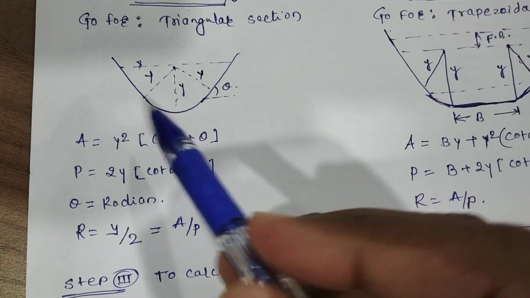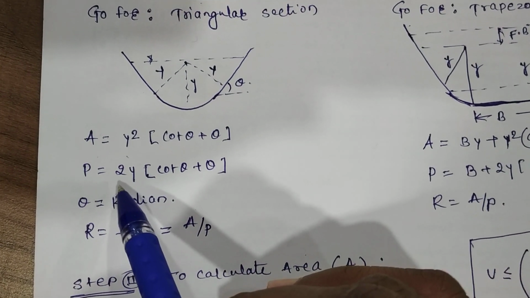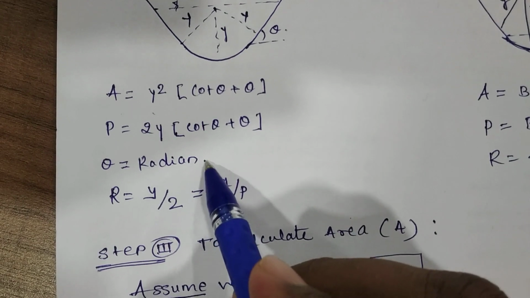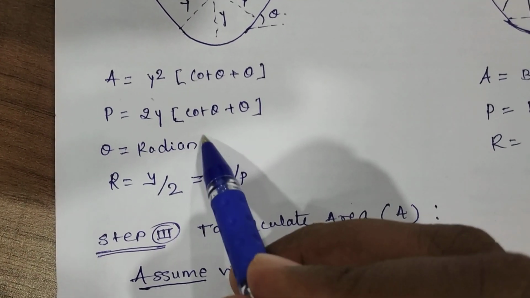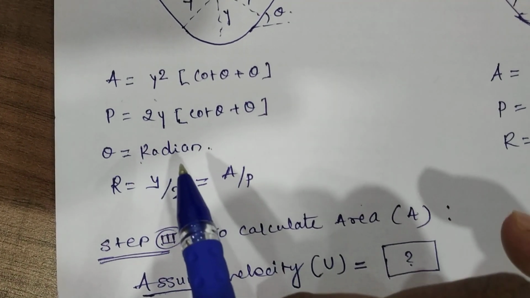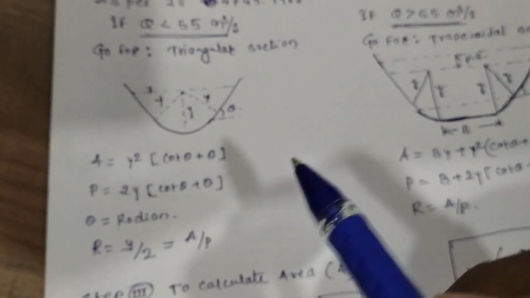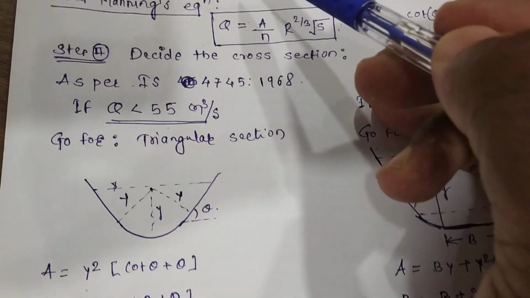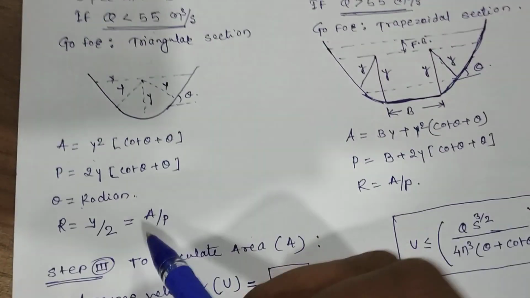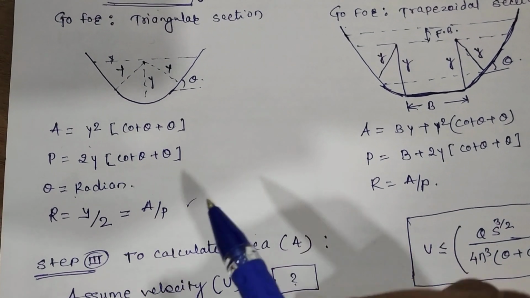The area is y squared times (cot theta plus theta), and the wetted perimeter is equal to 2y times (cot theta plus theta), where the angle unit of theta must be radians. Then calculate the hydraulic mean depth required for our Manning's equation calculation. R is equal to A by P, which gives y by 2 for a triangular section.